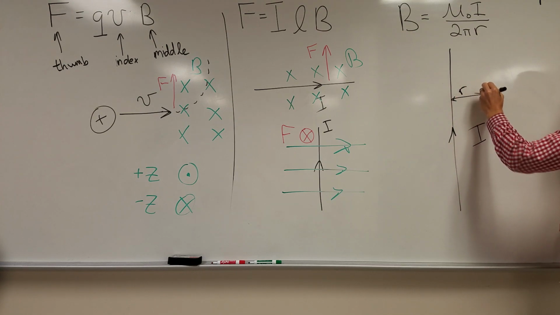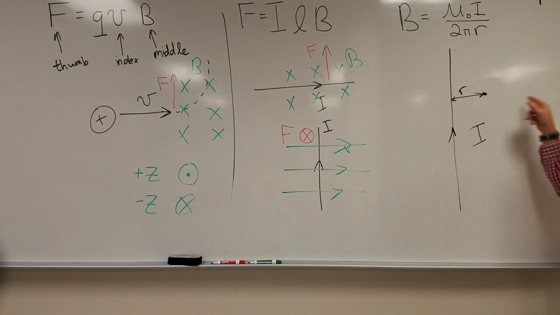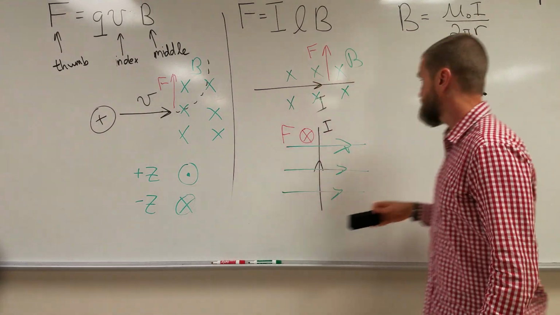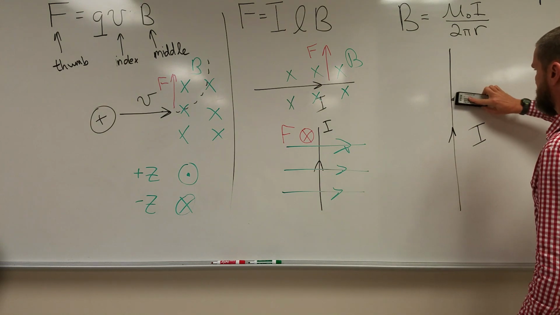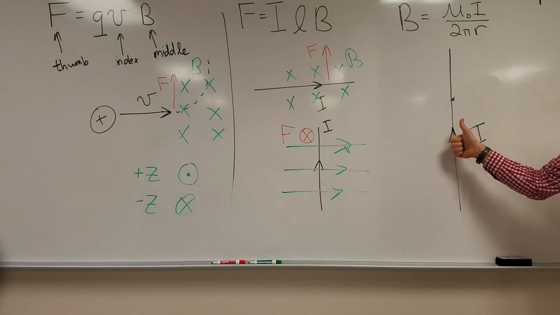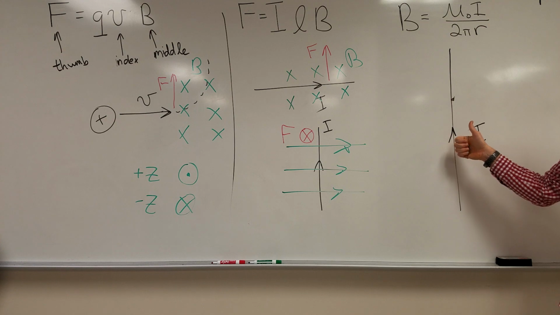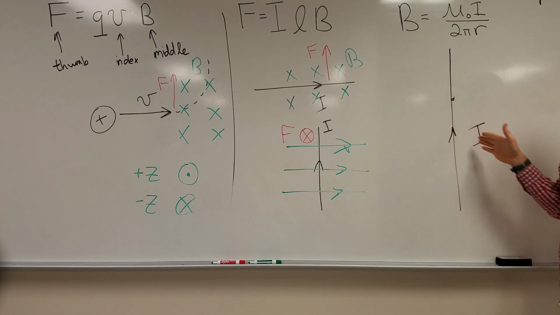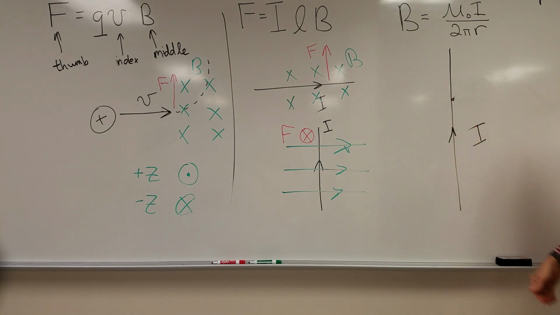So there is a magnetic field at that point, and at every other point away from that wire. I want to figure out the direction of that magnetic field. I'm going to let my thumb go in the direction of the current, and then my fingers will wrap around to give the direction of the magnetic field.